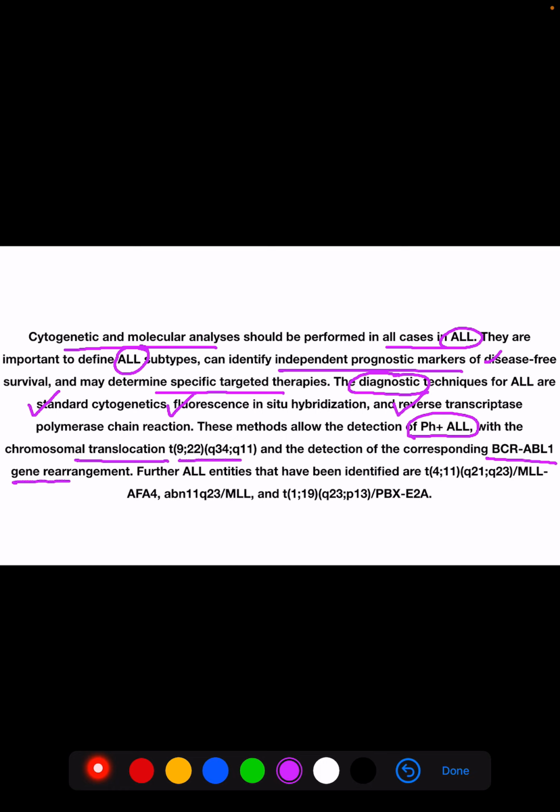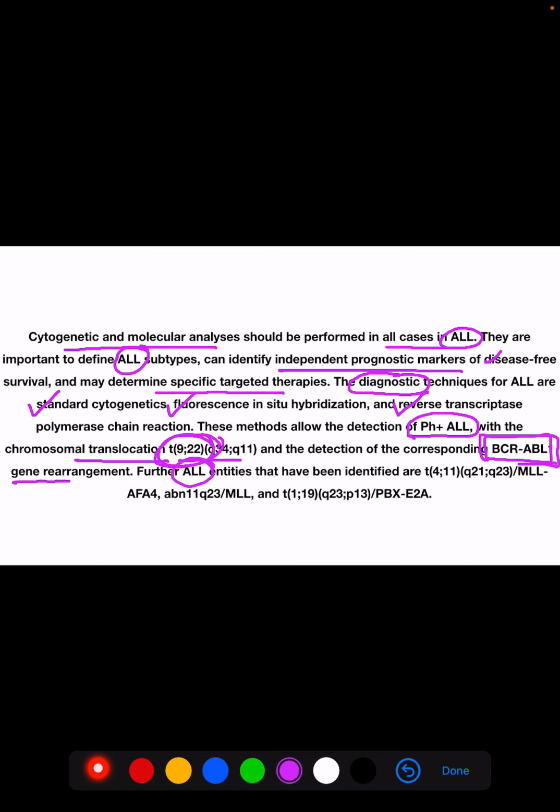So if we do these techniques, like FISH, what can we detect? We can detect Philadelphia chromosome positive ALL, that is, there is a chromosomal translocation between 9 and 22, and we can also detect the corresponding BCR-ABL gene rearrangement. And apart from this, because this is commonly known, further ALL entities have also been identified.